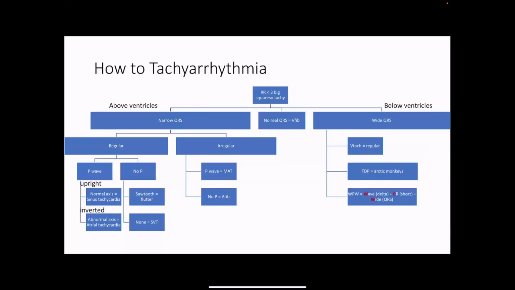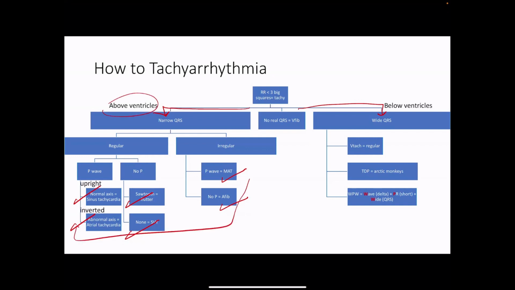Now, we talked about sinus, we talked about atrial flutter, we talked about SVT, we talked about atrial fibrillation, and we talked about the multifocal atrial tachycardia. So one thing I forgot to mention is that the reason we classify into narrow or wide is because narrow QRS means that the ventricles are normal, right? Because it's normally narrow. So if the QRS is narrow, it means that the problem is coming from above the ventricles.